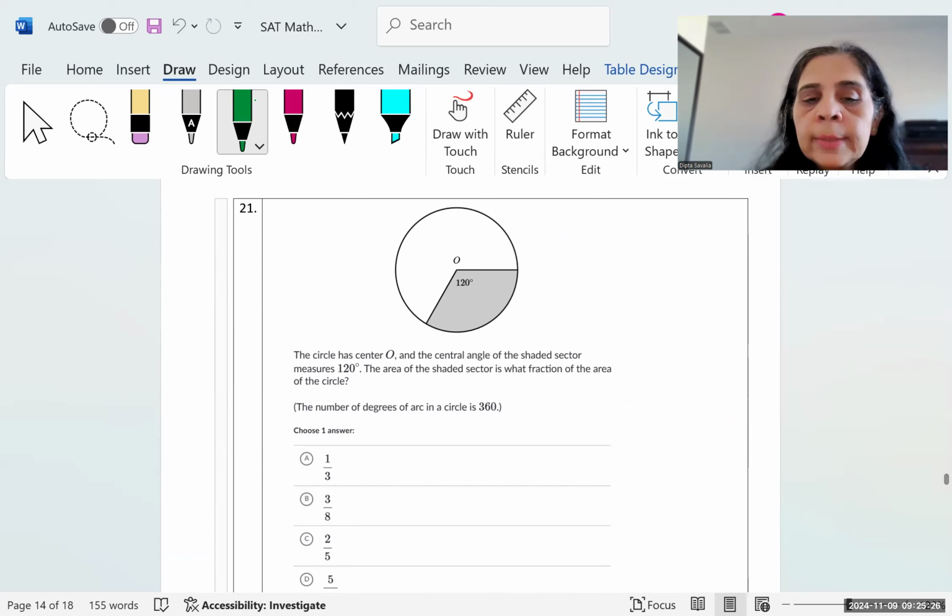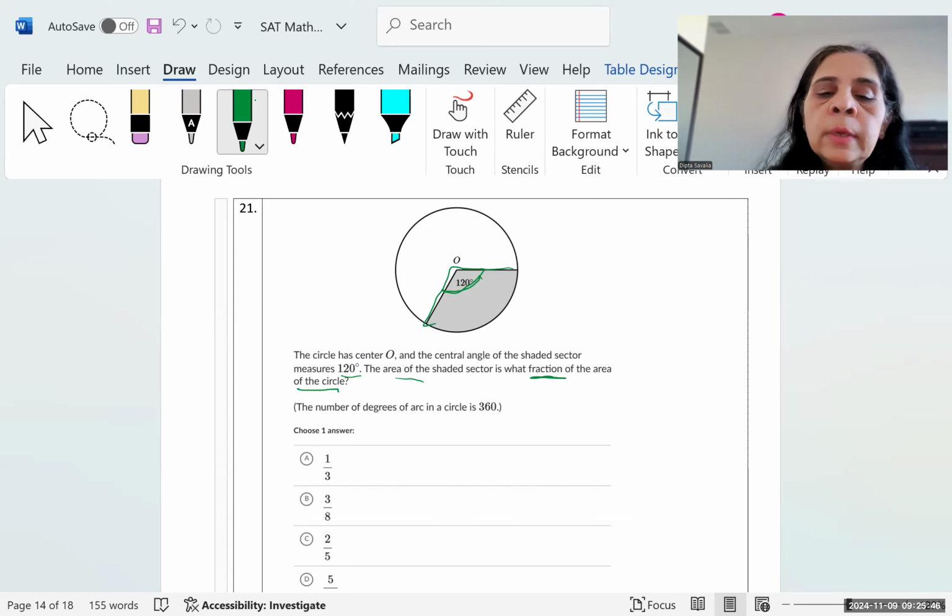The circle has center O. So we have a circle. The shaded sector measure is 120, so this angle is 120. What we are looking for is what fraction of the area of the circle the shaded area is.